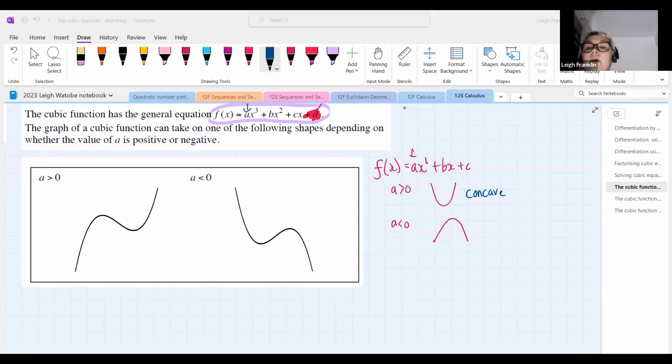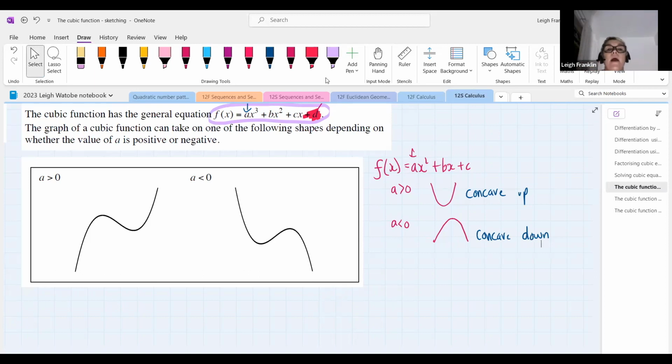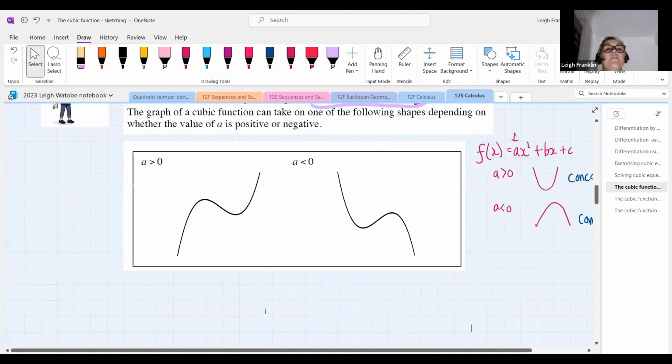Good, well done. When it's a sad face, we would refer to this formally as concave down. Okay, so concave up and concave down. Good, well done. So let's go back to our cubic function.